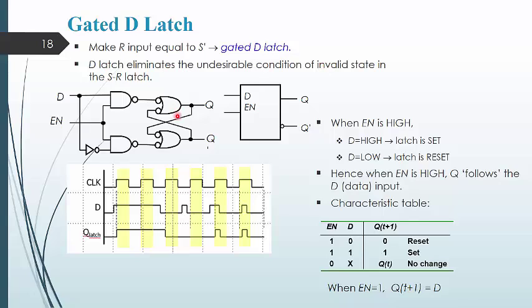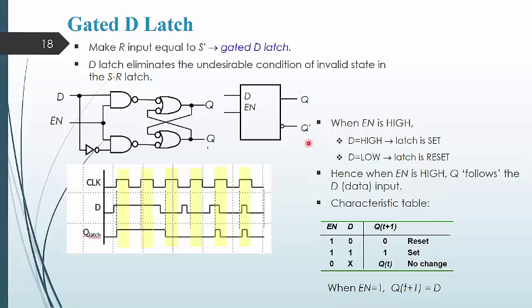So let's check how, in the gated D latch, the invalid or indeterminate state of the SR latch is removed. In the operation of this D latch, when the enable is high, if the D input is high, then only the Q output will be high.